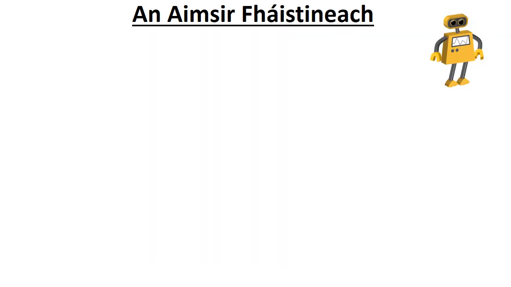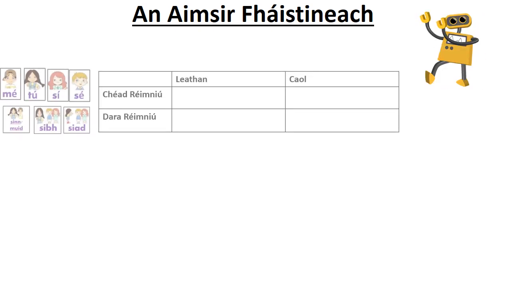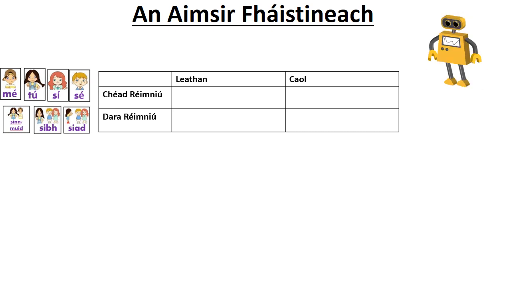Okay, now we're going to look at the I'm sure Áisteanach, which is the future tense. We haven't done quite as much work on this as the other ones, and we will be doing more work on this in the future. But just like before, we have one ending that we can use for any of our persons. We can use it for me, tu, she, she, shin, shiv, or shiad.